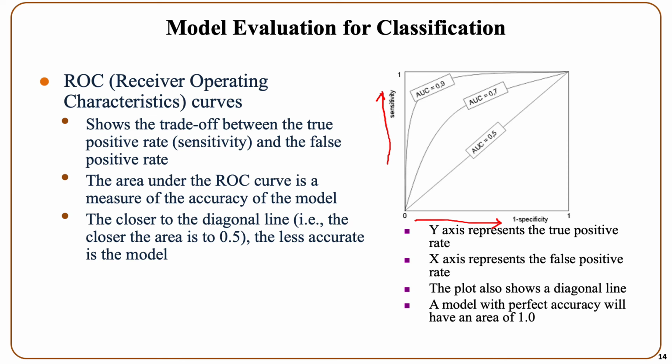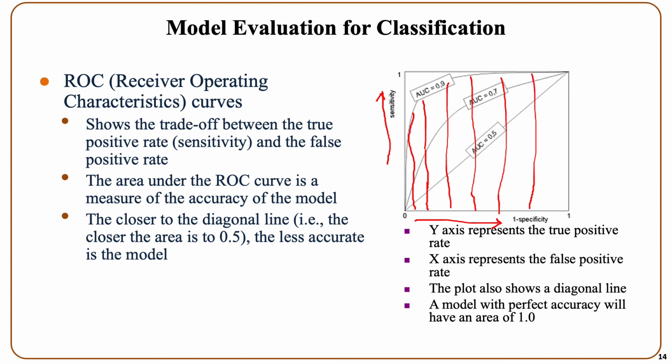So if we look at the area under the curve for ROC equal to 0.9, we have this area, compared to the area under the curve which is 0.7 and which is less. So the closer to the diagonal line, the less accurate the model is.